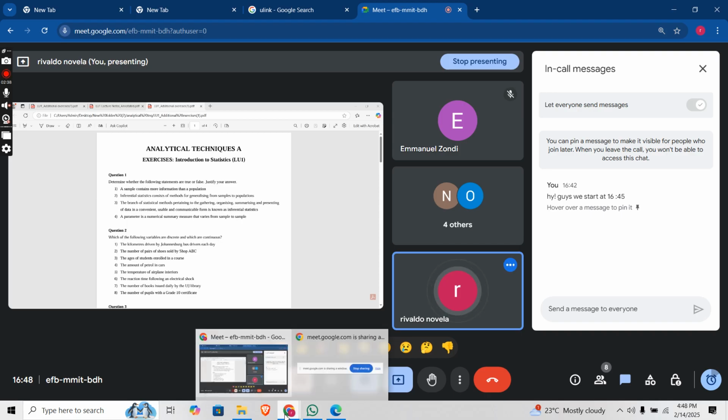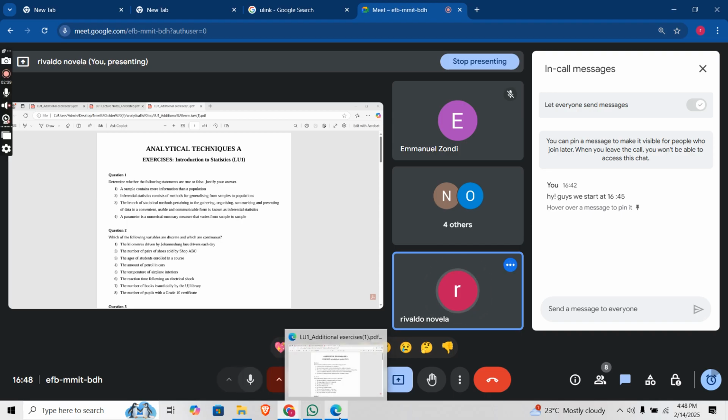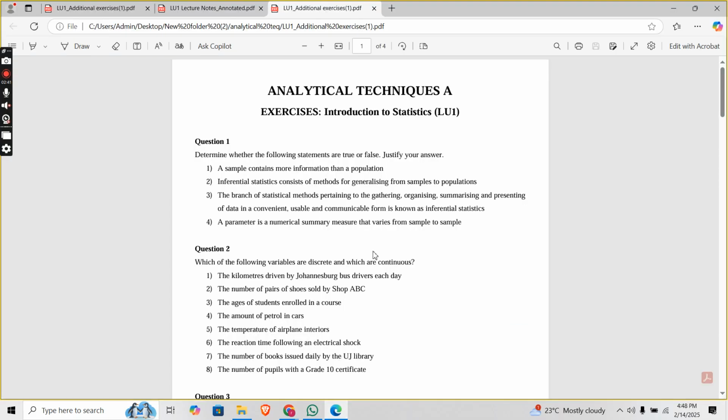Okay, it looks like you guys are very shy today, don't feel like answering. So the answer for number 1 is false. Why? It's because a sample is a subset of a population. A sample is drawn from a population.